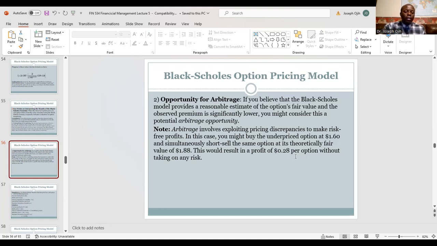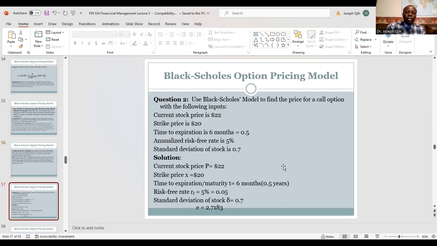Okay. So that is various ways of interpreting this. Let's look at another example of this using the Black-Scholes model. Use the Black-Scholes model to find the price of a call option with the following inputs.